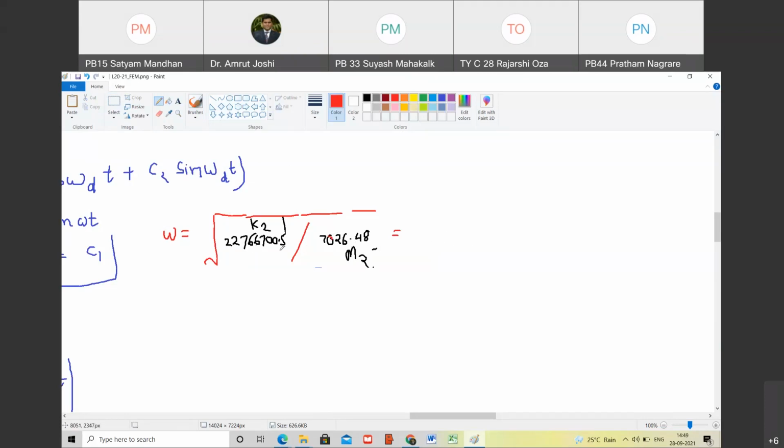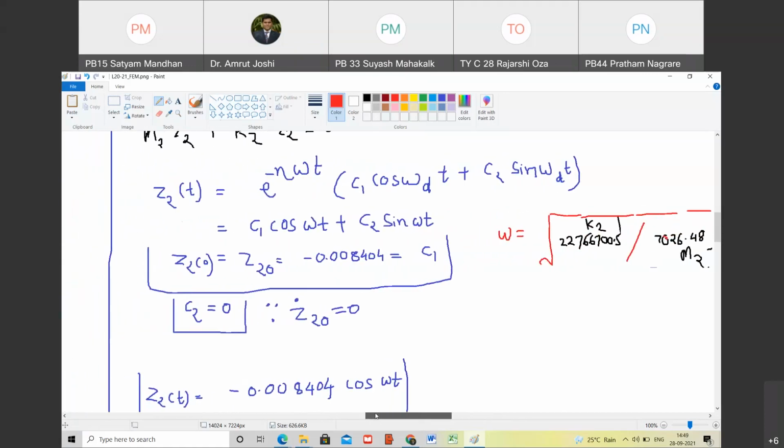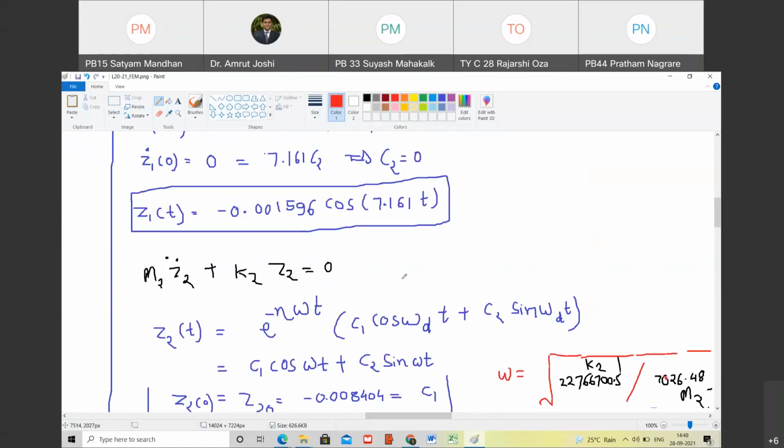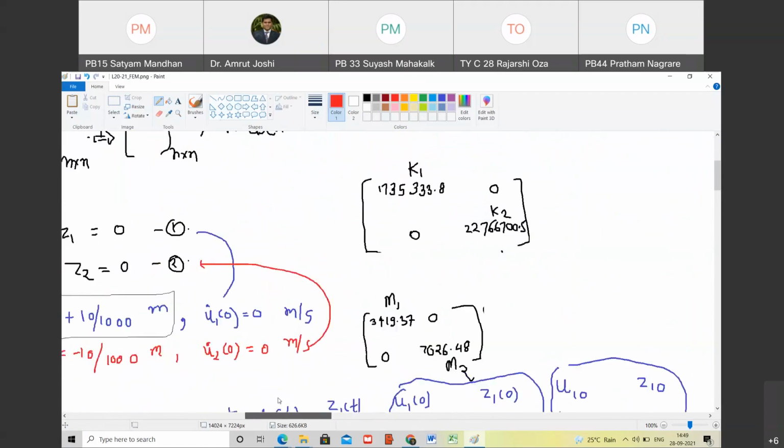How much? 56 point. Square root लिया. And then what was the first one? 7.16. उसमें कुछ गड़बड़ की क्या? It will be more or less.